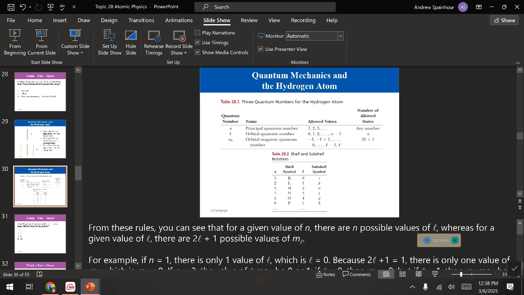They actually all have letters associated with the overall shell, K. So essentially, K represents the entire amount of possibilities. So if n equals 1, how many possible wavelengths, how many possible electrons fit in there? 2.